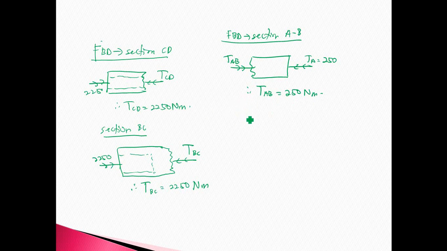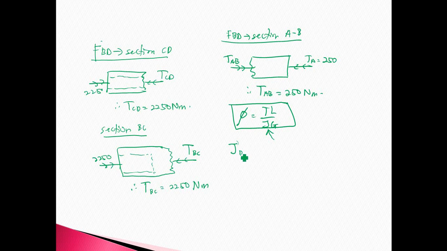Since the equation for angle of twist is TL over JG, in order to calculate the angle of twist we need the value of J. So I recommend we calculate J, the polar moment of inertia, for each section first.